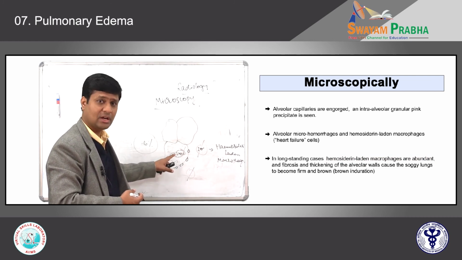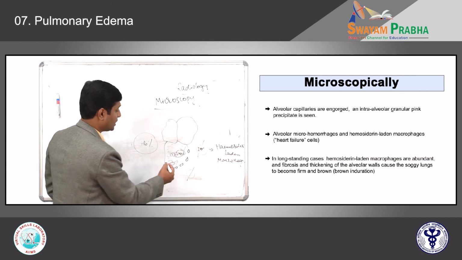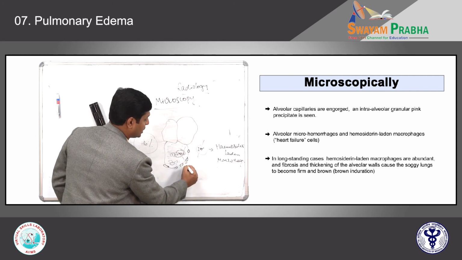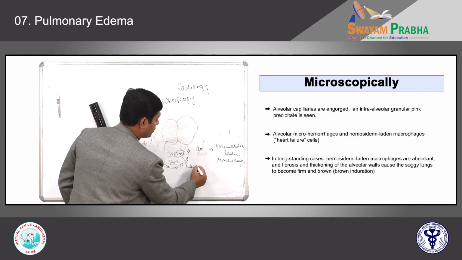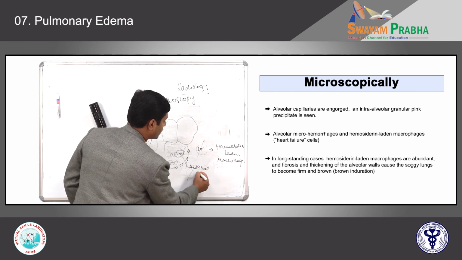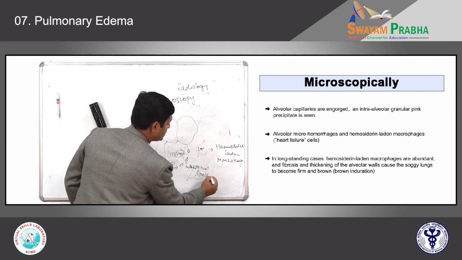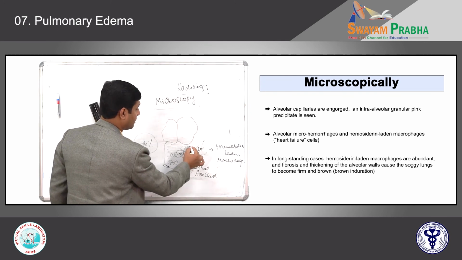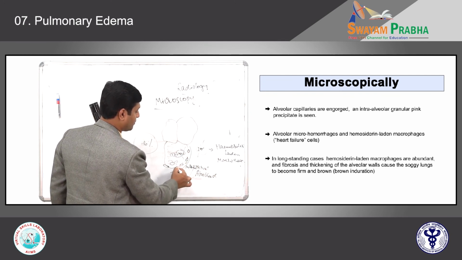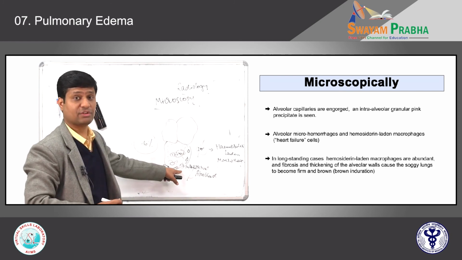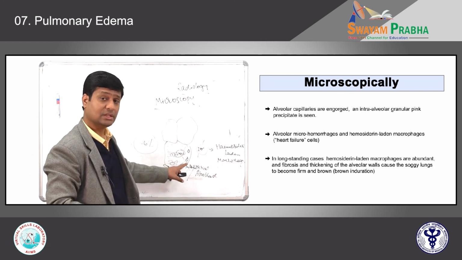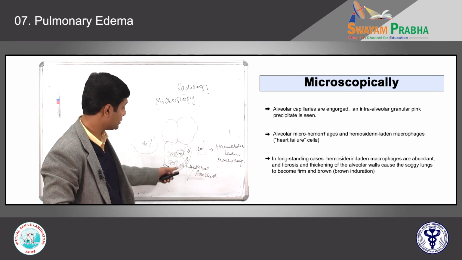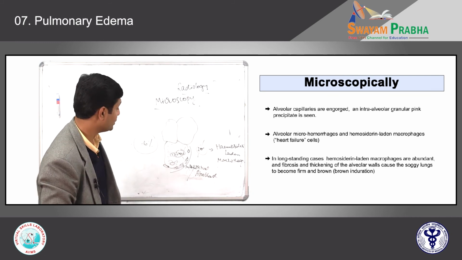Whenever there is iron, the macrophage gets activated and stimulates the interstitial fibroblasts also. The interstitial fibroblasts proliferate and lead to interstitial fibrosis.